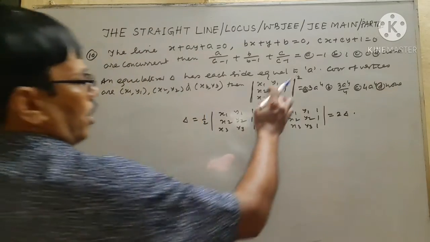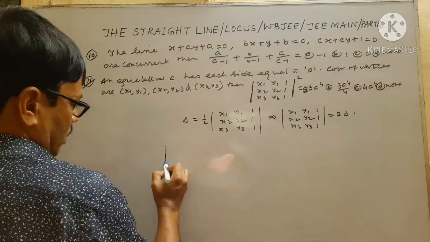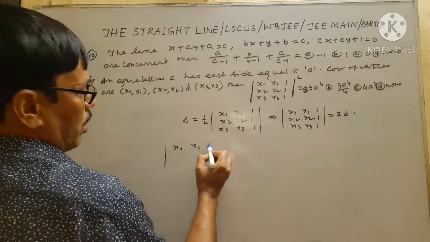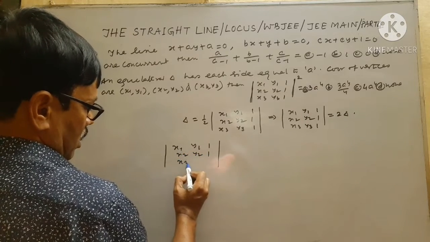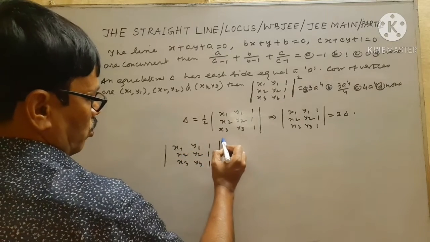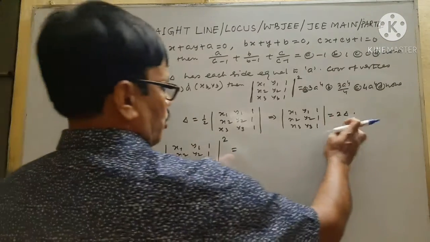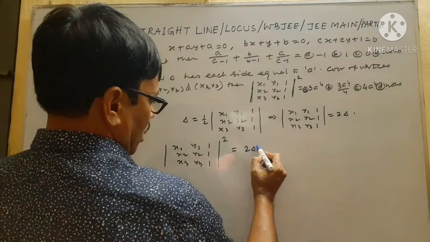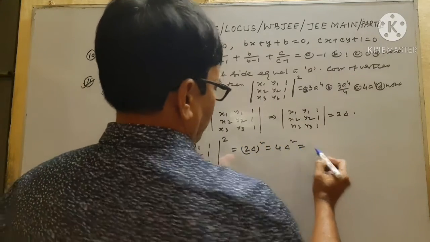Now according to our problem, we have to calculate this expression, the total determinant whole square. So this is 2 delta, so 2 delta whole square, 4 into delta square.